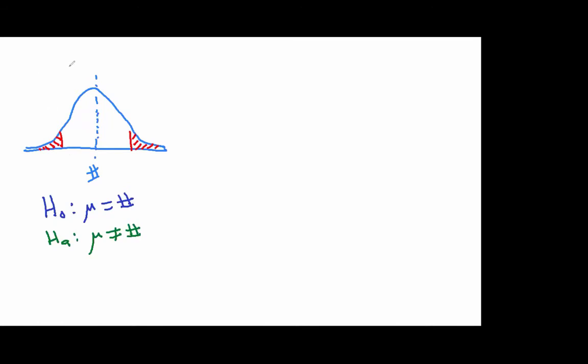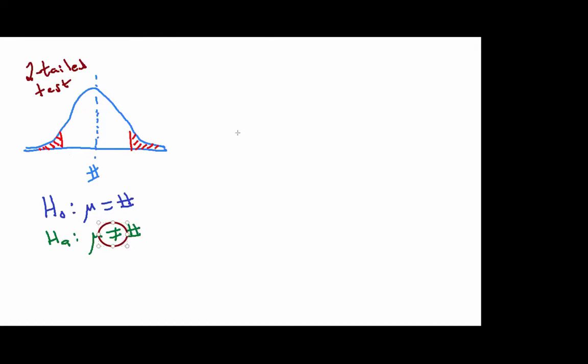And this is why we refer to this as a two-tailed test, because alpha has been divided over 2 tails. To be entirely honest, the key indicator that you're looking for is here. We're looking for that not equal sign. That's the clue that we have a two-tailed test.